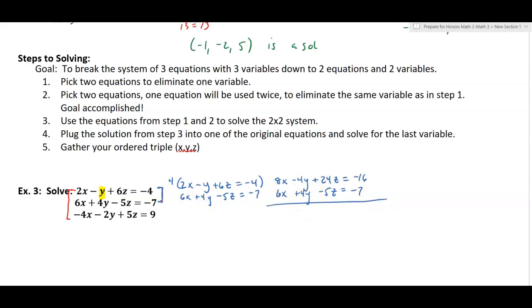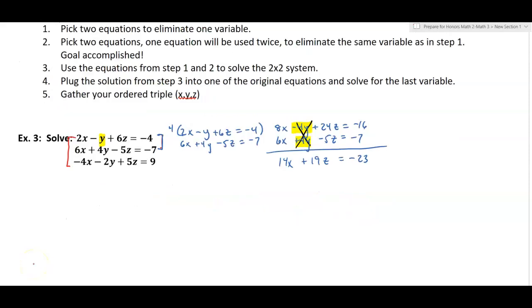The reason I multiplied the top equation by 4 is that it creates opposite coefficients here. Negative 4 plus 4 tells me the y's are eliminated. And I would get 14x plus 19z equals negative 23.